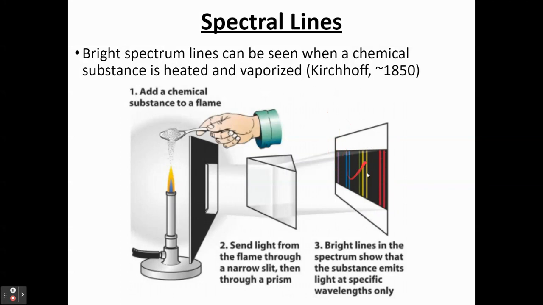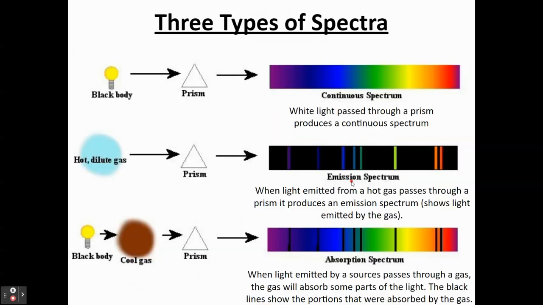It was almost like a barcode for a chemical. So these are spectral lines developed through experimentations by Kirchhoff, who was using Bunsen burners and heating up substances, and then seeing what colors of light would be spat out through the spectroscopy technique.